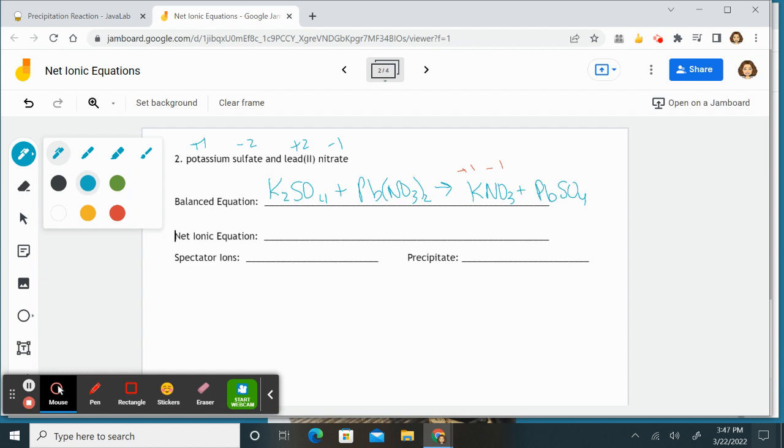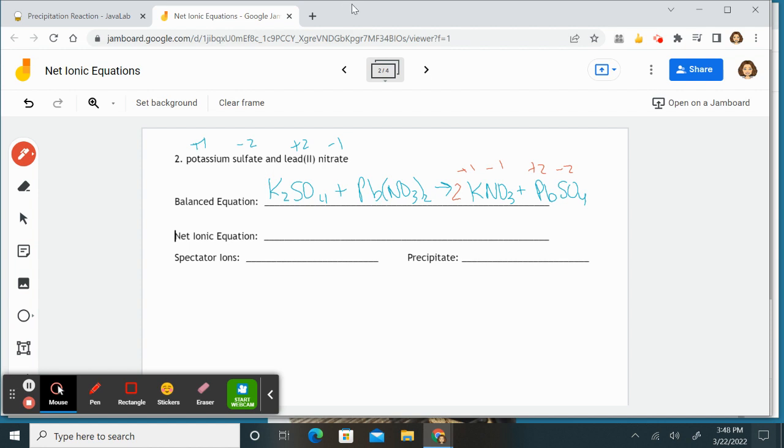Lead was +2, sulfate was -2, and again, those equal 0, so we don't need any subscripts. But we do have to balance. Since we have 2 potassiums, we have to multiply KNO3 by 2. That gives us 2 nitrates, but that's all right because we have 2 there. Right? And 1 lead, 1 lead, 1 sulfate, 1 sulfate. And now this is balanced.